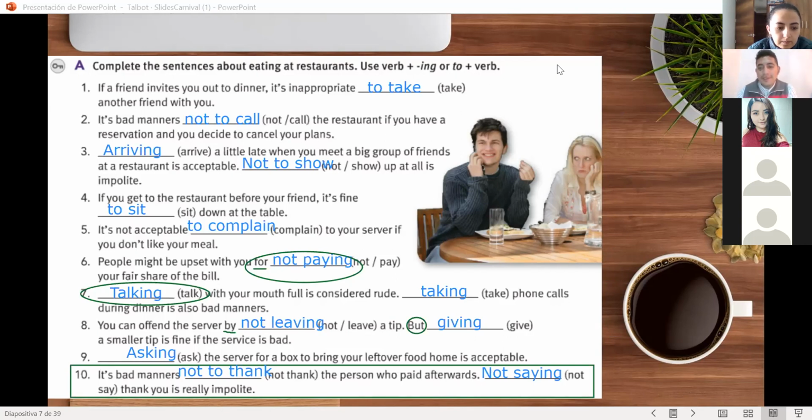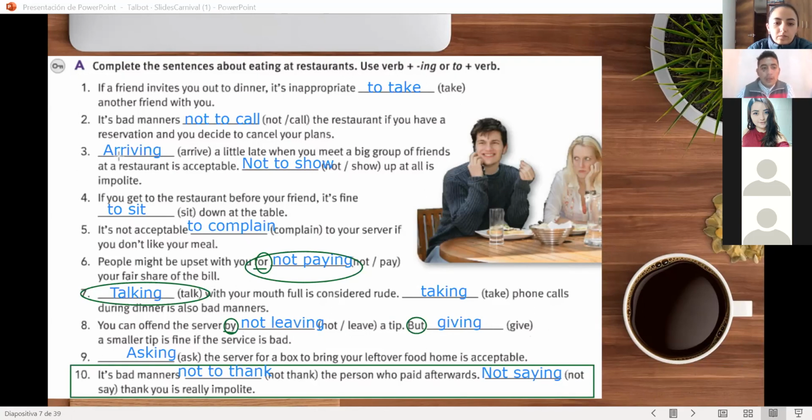Okay, guys. Now, if you have any questions, ¿tienen alguna pregunta sobre este tema, chicos? Do you have any questions about this or not? Remember, okay? When you see a preposition, like for, by or but, you have to write the verb with ing, okay, guys?